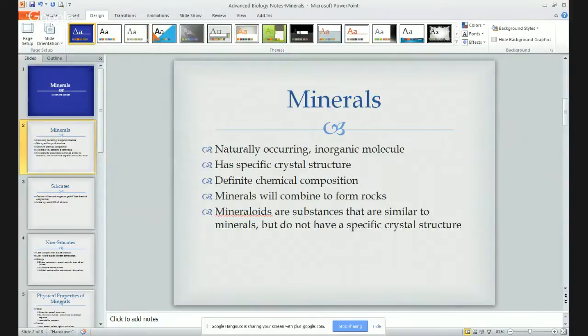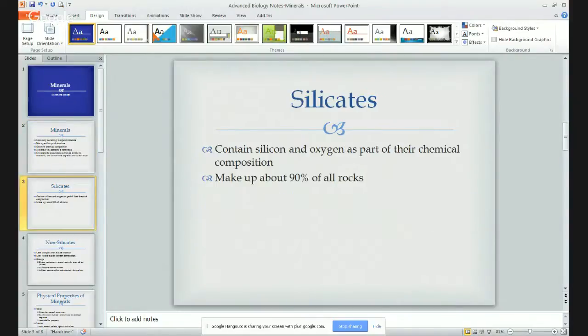Okay, there are two main groups of minerals. There are the silicates and the non-silicates. The silicates, like their name says, are going to contain silicon and oxygen.